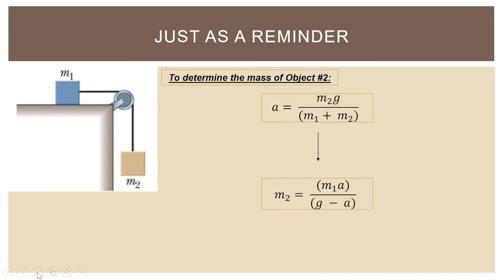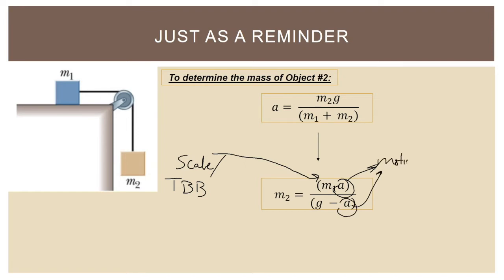And now the whole point of this discussion is this equation is all you need to design the experiment, because you should know that the mass of an object is going to be measured with a scale or a triple beam balance. And you should know that the acceleration is going to be measured, and notice that's here and here, with a motion sensor.